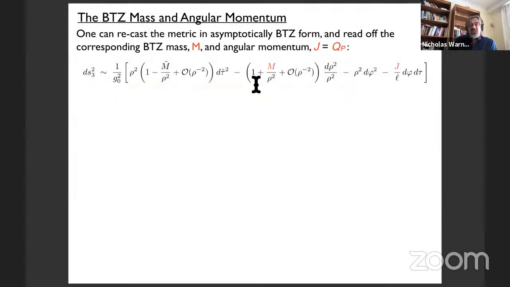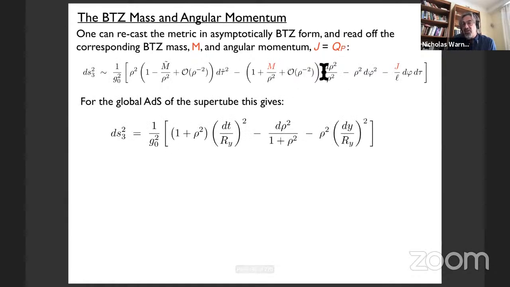Okay, last gasp. You can try to recast the masses of these things in the BTZ form. From holographic renormalization, you have a mass here and an angular momentum here, and you read them off from these coefficients. I want to remind you that for global AdS, in this language, the mass is -1 and the angular momentum is 0.